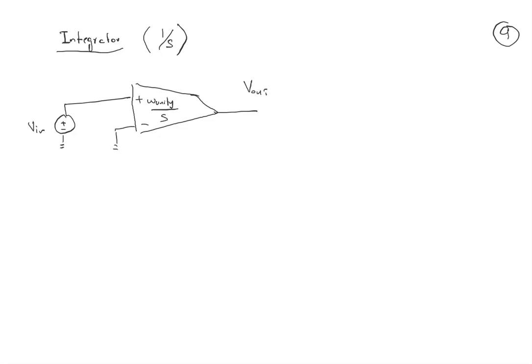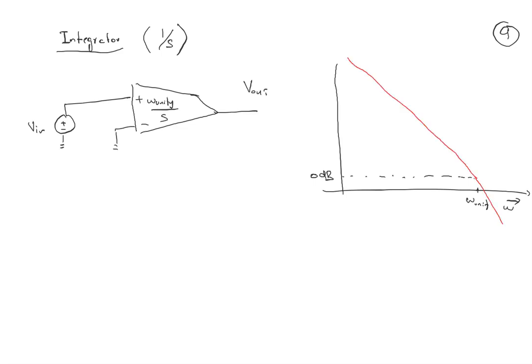If I want to draw the response of this one, omega here. At this point is written W unity. So at W unity, it's going to be 0 dB, plus 1, so log 10, and the ideal integrator response should be going like this and continue like this.